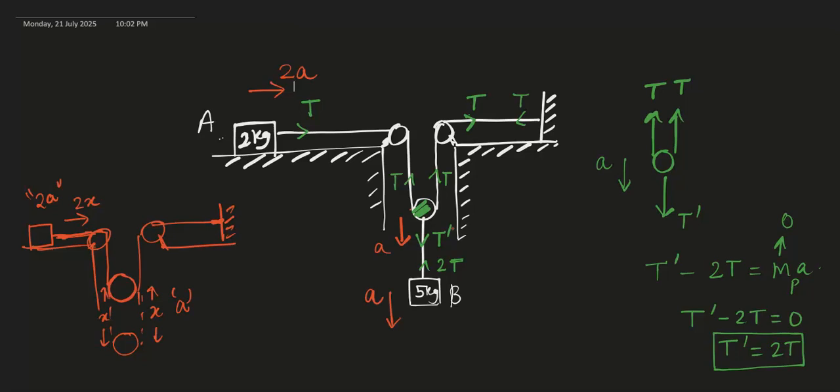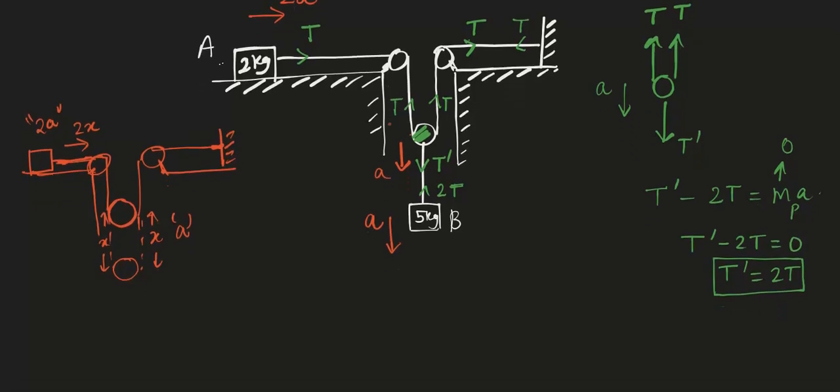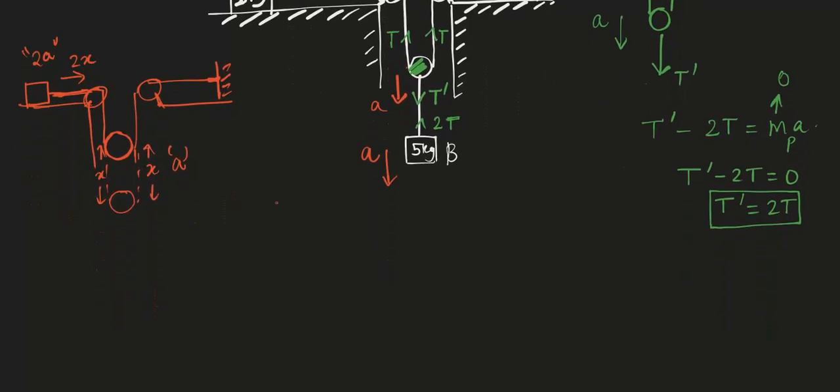There is yet another method of doing this, called the virtual work method. If you don't know about the virtual work method, you can see my previous video on this, titled how to relate the accelerations between the blocks and the pulleys. Let me do it over here quickly. In the virtual work method, we say that the total work done by internal forces is 0.